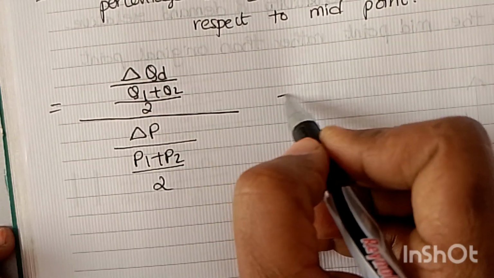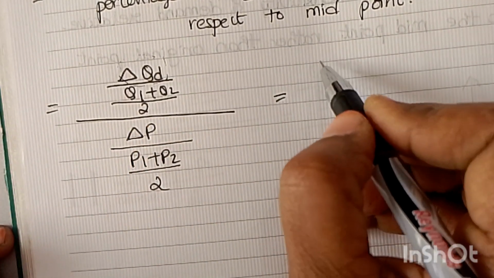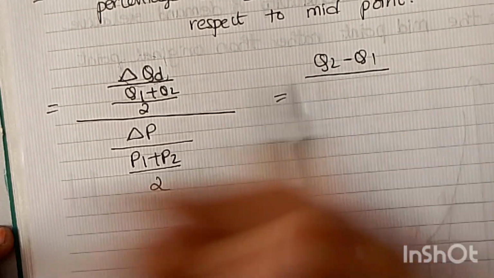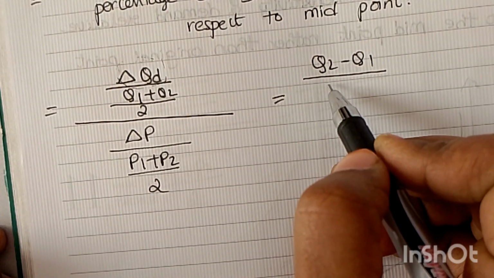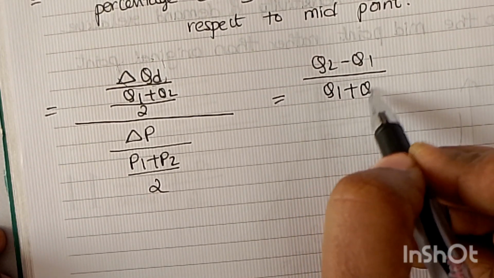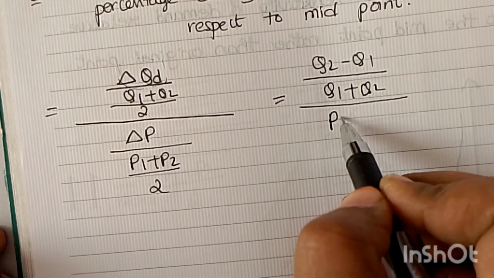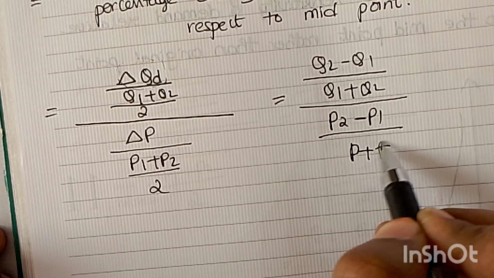Okay, so delta Q we can write as Q2 minus Q1, that is the change. The 2 and 2 cancel, so Q1 plus Q2, and delta P means P2 minus P1 by P1 plus P2.